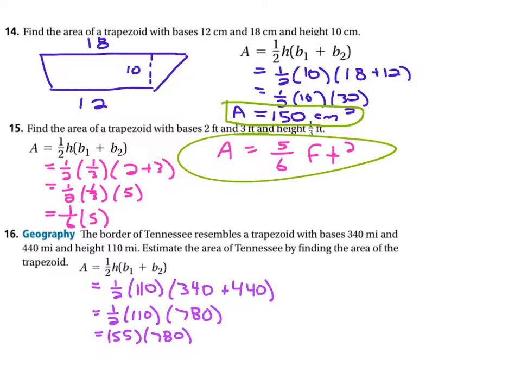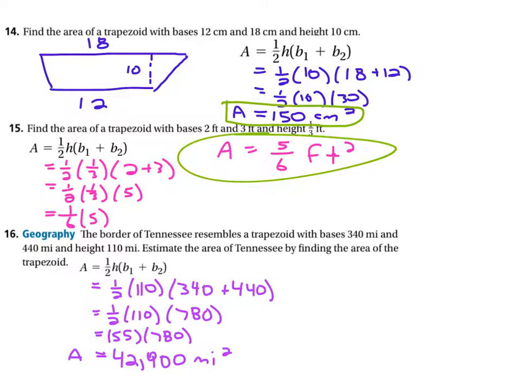And I'm going to do that on the calculator because I'm not feeling so great today, and I can't count on my fuzzy brain working correctly. So we've got then 42,900. And what were they? They were miles as units, so we can say that is then miles squared.